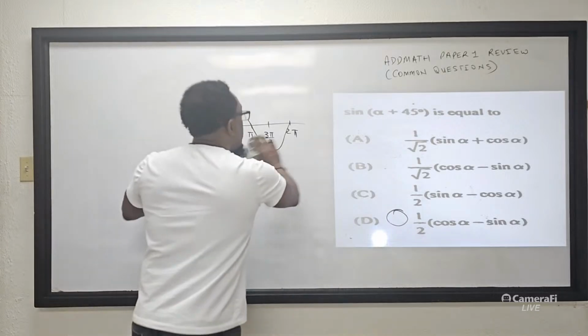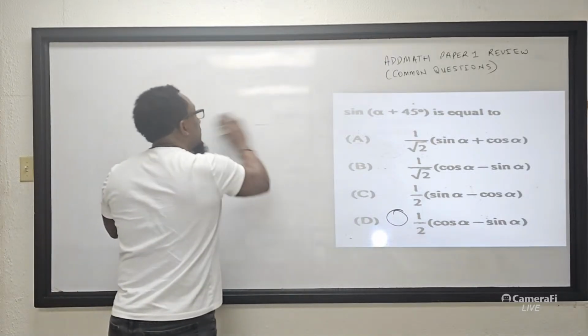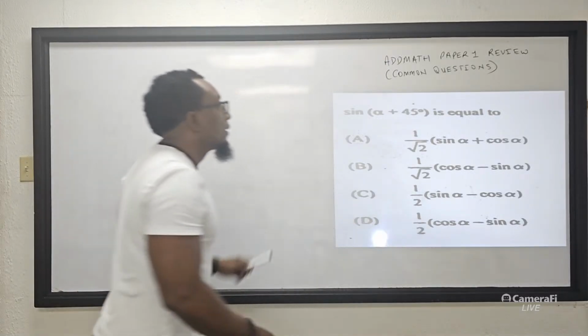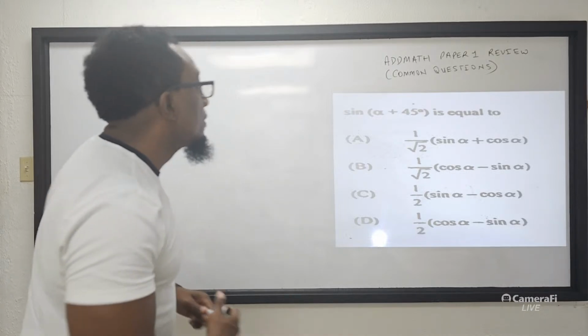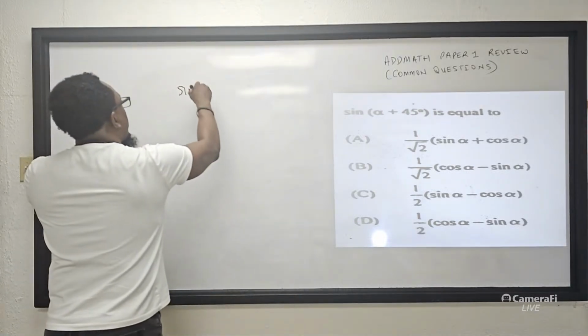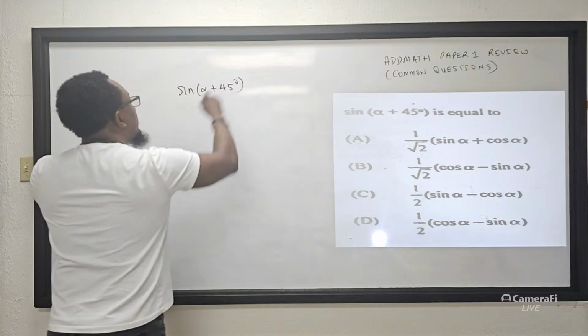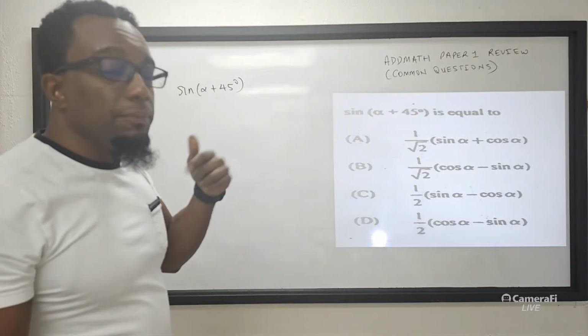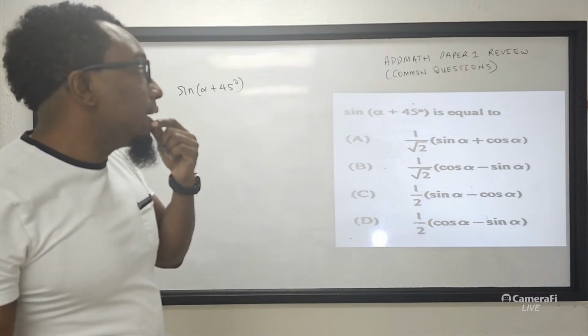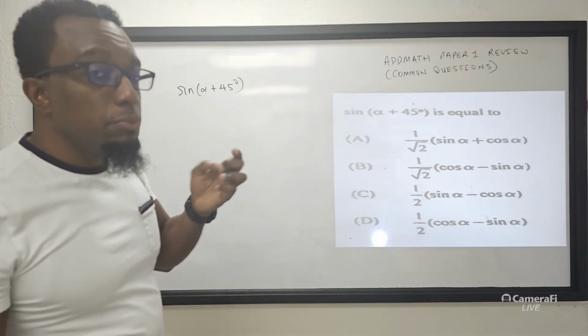Another common question, this one is very common. Sine of alpha plus 45 degrees is equal to what? Sine of alpha plus 45 is a compound angle, and you have to know your compound angle expansion formula.